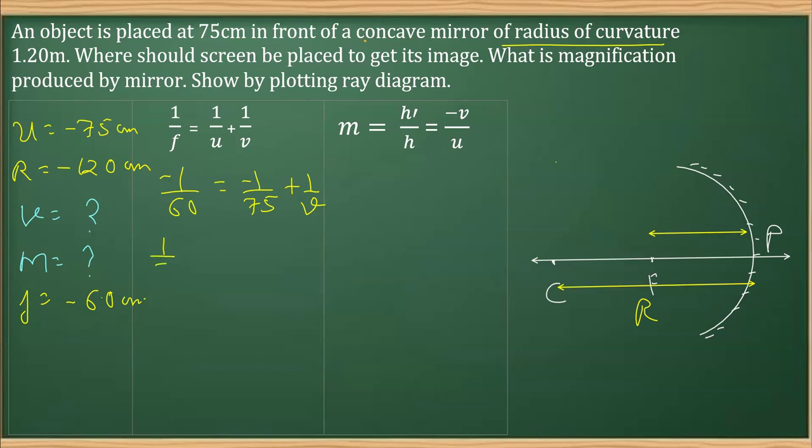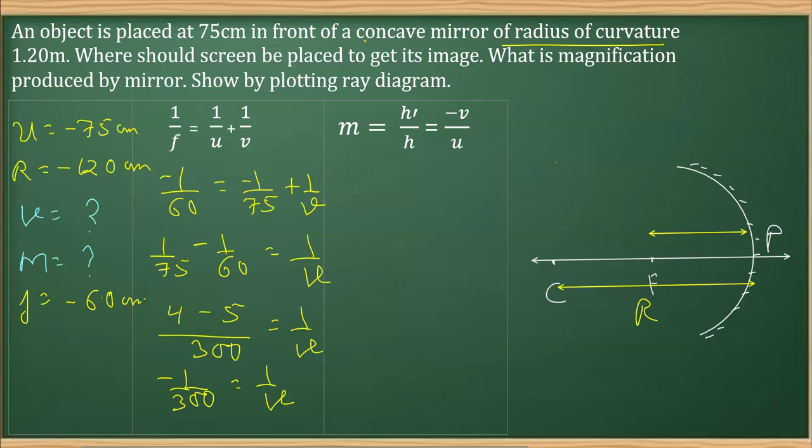So 1 over 75 plus 1 over 60 is equal to 1 over V. Now we have the LCM as 300. 75 times 4 is 300, and this is minus 60, 5 times is 300, so this is equal to 1 over V. Now we get minus 1 over 300 is equal to 1 over V. So by cross multiplication, we got V, which is the image distance, or the distance where the screen should be placed, as minus 300 centimeter.